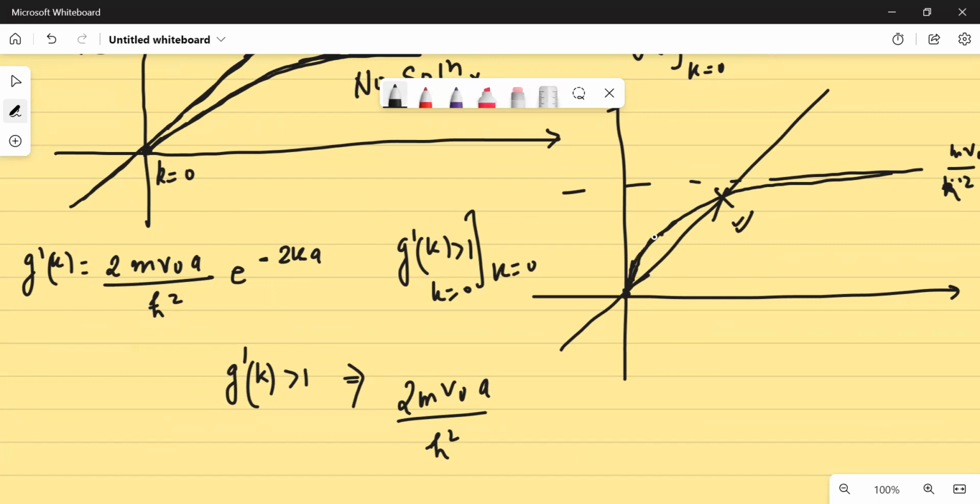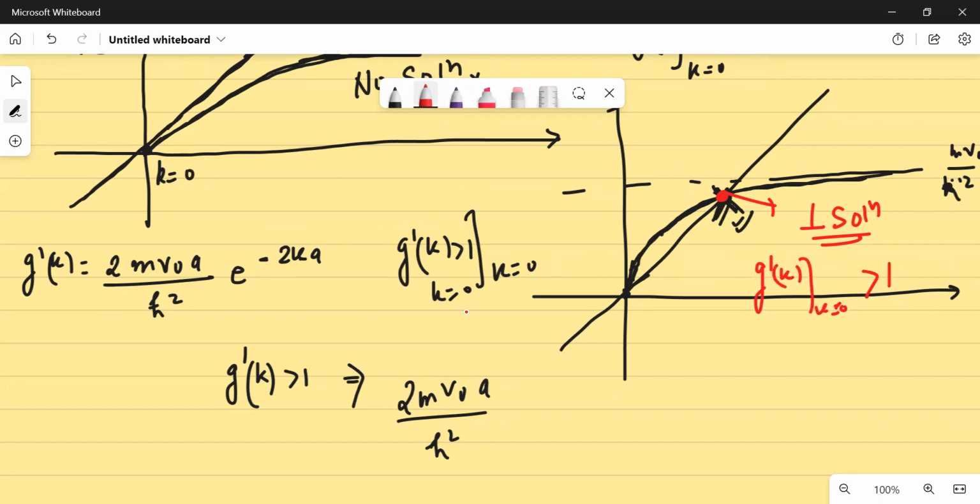And since I have to converge anyhow, this particular graph will start getting asymptotic to mv naught upon h cut square. So it will converge at least for a single point. So there is one solution here, provided your g dash k at k equal to 0 is greater than 1.